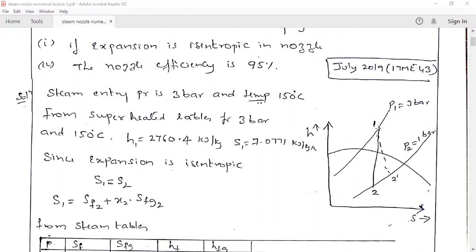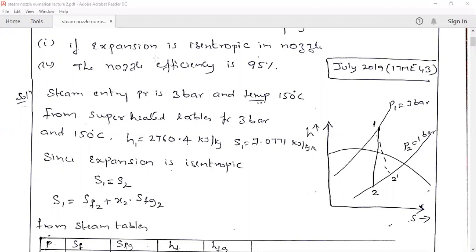That is using the Molière chart. But here in this problem, since it is very simple, let us solve using steam tables. So go to the steam tables, superheated tables, and for 3 bar, 150 degrees centigrade, get the value of H1 and S1.